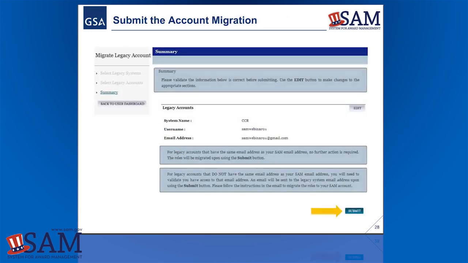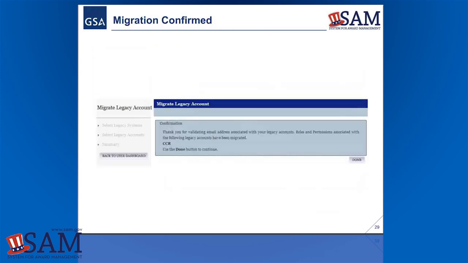It'll say, in CCR, your username and this email address were connected. Is that what you want? You would say yes, and that's all there is to it. Of course, that's in a not perfect world, but that's if you have the information in the right email address and you can get to it.